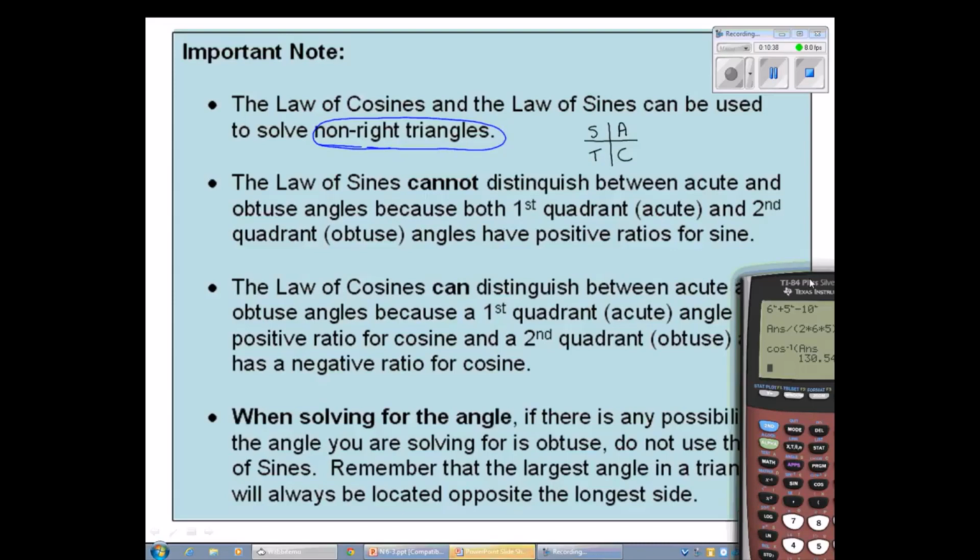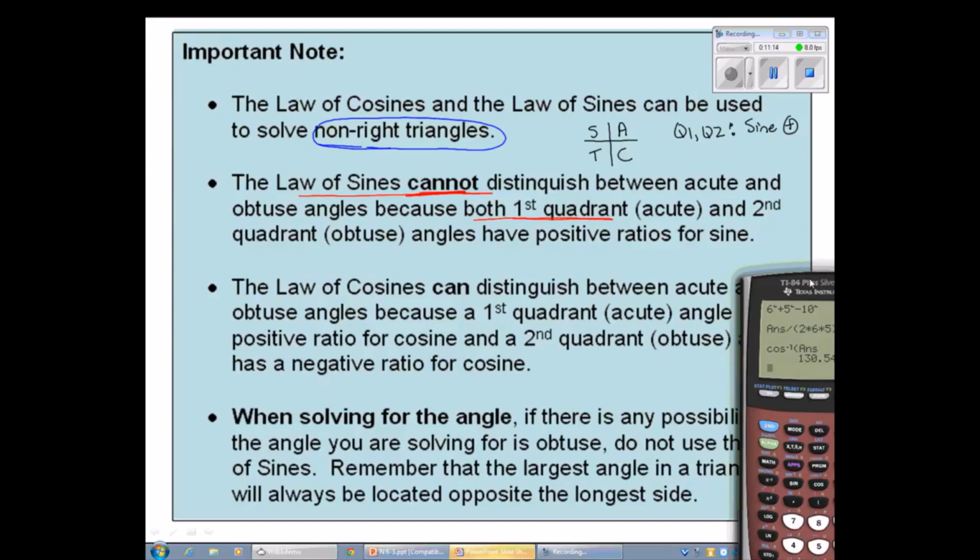That little saying we learned reminds us that in quadrant 1 and quadrant 2, the sine ratio is always positive. Because of that, the law of sines cannot distinguish between an acute angle and an obtuse angle, because that ratio is positive in both quadrants. So whenever you use the law of sines, it's always going to give you an acute angle answer, and that may not be correct.